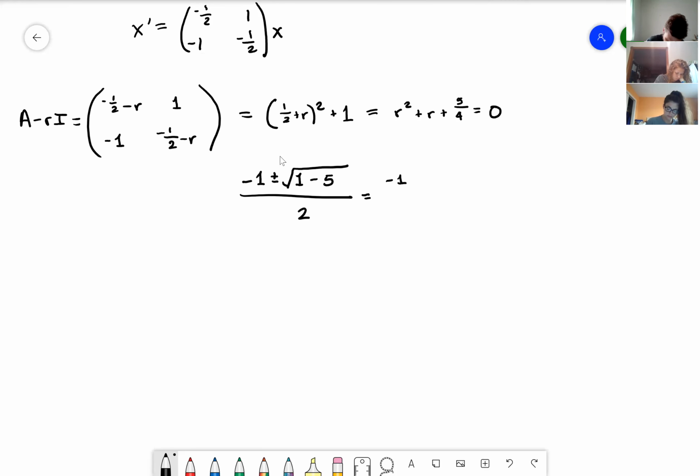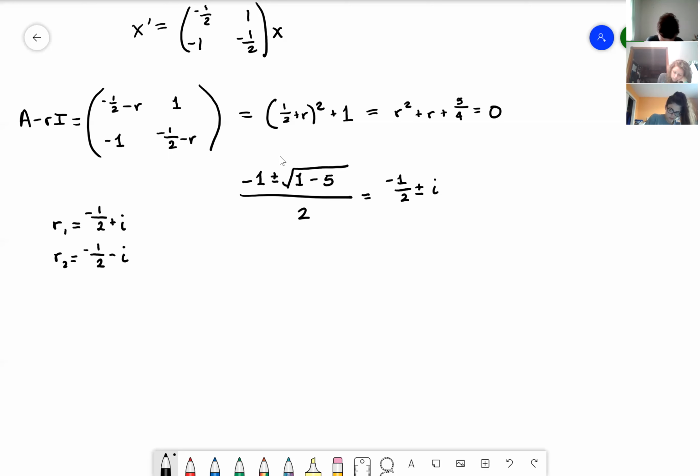So I get -1/2 plus or minus square root of -4, right, that is 2i. Oh, sorry, divided by 2. So plus or minus. So I get one root as -1/2 plus i, and the other root as -1/2 minus i.